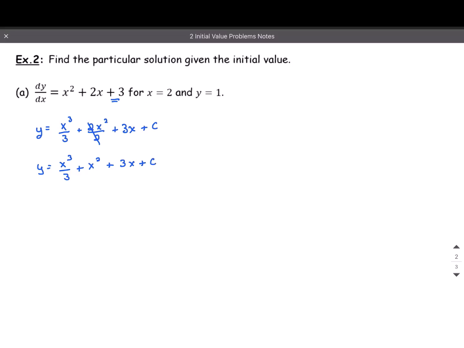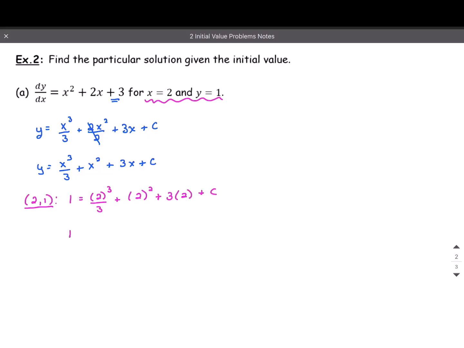We're going to take our general solution and plug in these values. We know that when x is 2, y has to be 1. So we're going to substitute in here. The y is 1, the x is 2, and we have to cube that over 3, plus the x is 2, and we're going to square that, plus 3 times the x is 2, plus our constant c.